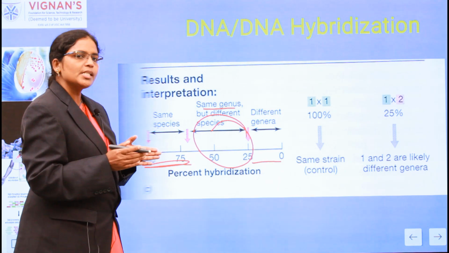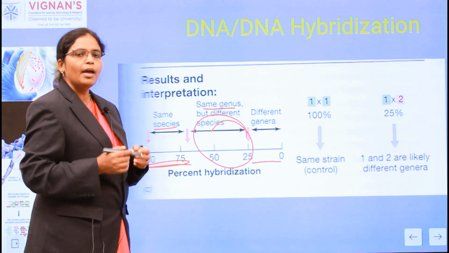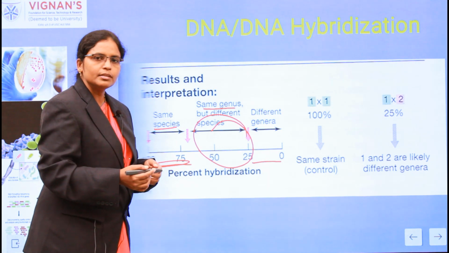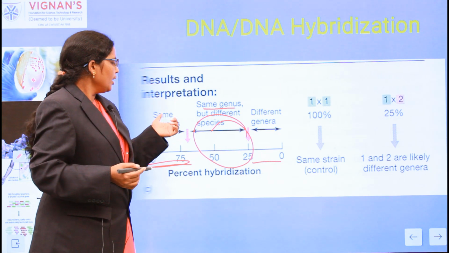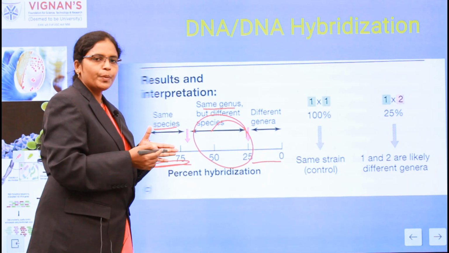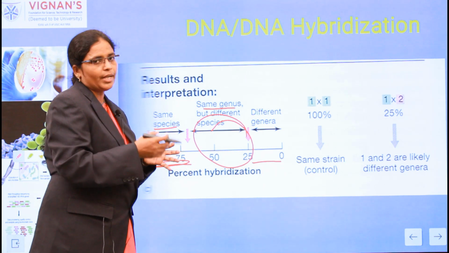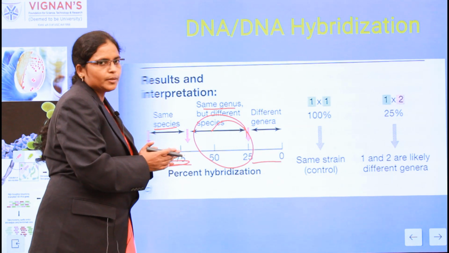If the two organisms are similar, they come under the same species. For example, Bacillus cereus: if you take two strains of Bacillus cereus, they are called type strains. They are similar and come under the same species.